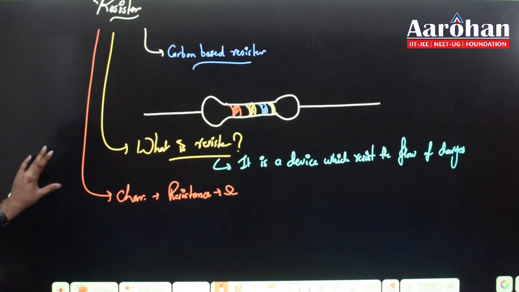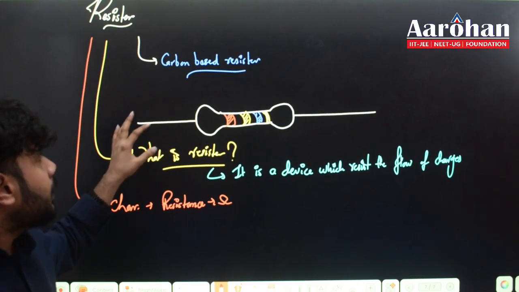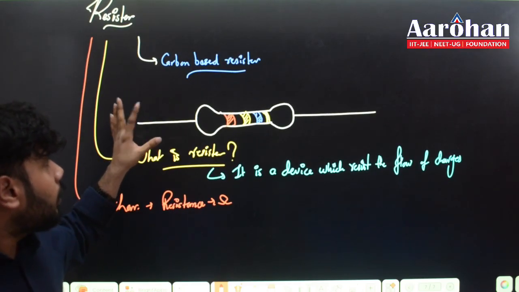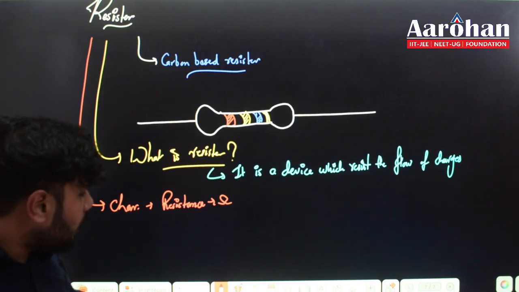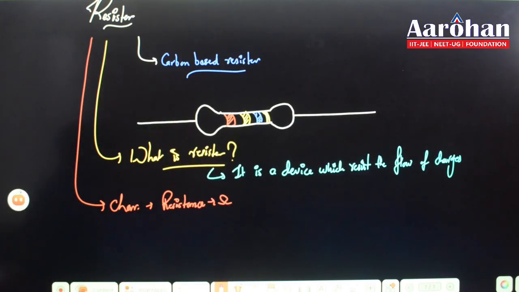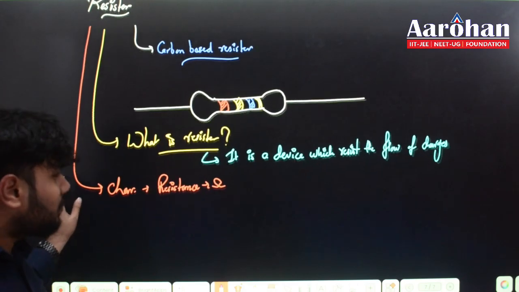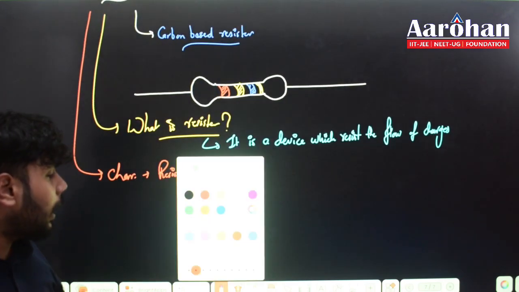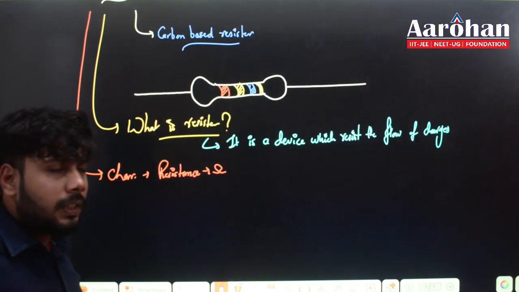So the color coding of carbon-based resistor, and how to evaluate the resistance from the color, is very basic. We might upload a video to evaluate the resistance from the color coding. Some mnemonics will help you to remember the data, and you can use that data to evaluate the resistance.